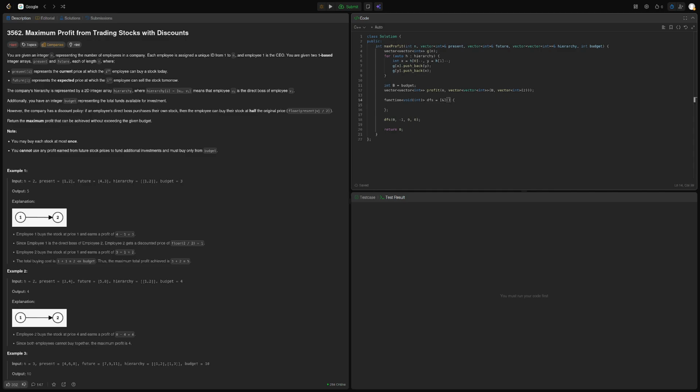So what we need to do is, where we are, our parent, and if he bought, and so if g[v] size is 1, meaning we only have our parent, then what we want to do is buy.